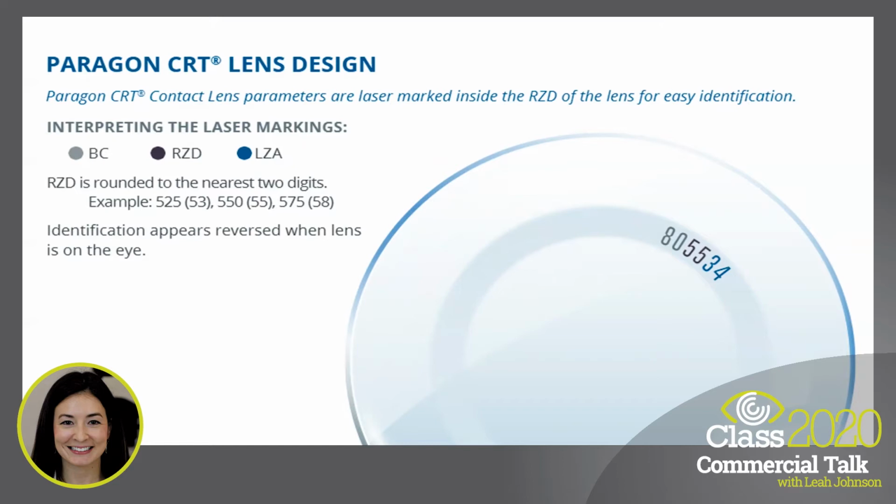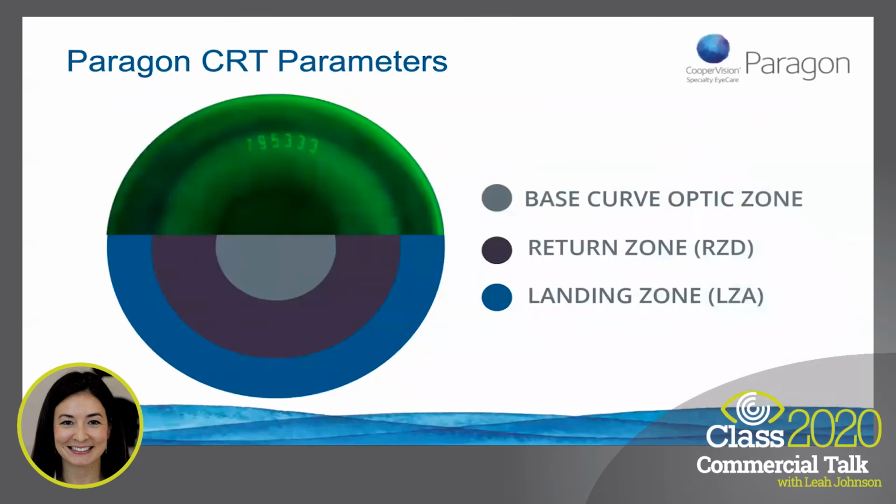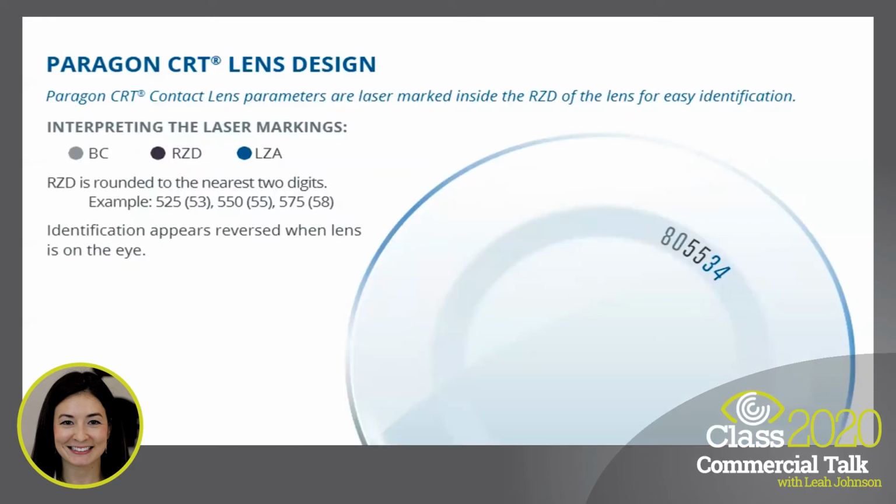For example, in this picture here, we see the middle 2 digits are a 5-3, and that 5-3 actually stands for a 525 micron sagittal depth. The last 2 digits are the landing zone angle. Here you see a 34, and that indicates the LZA.